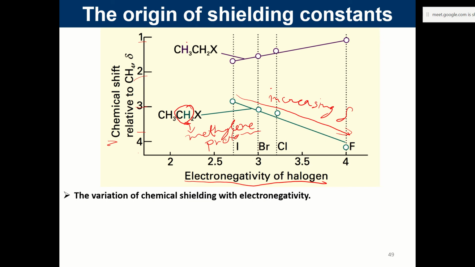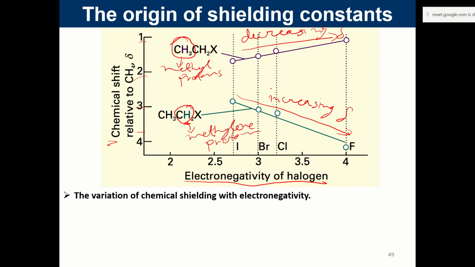But the most interesting thing is that when you analyze this, the methyl protons show a decreasing trend for the chemical shift. Why is it like this?